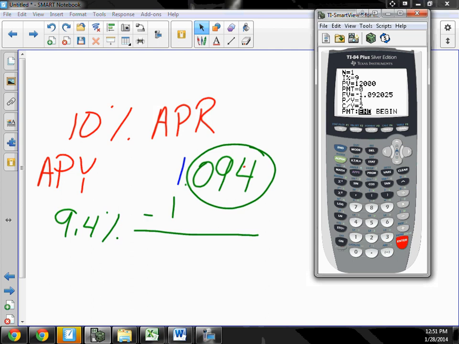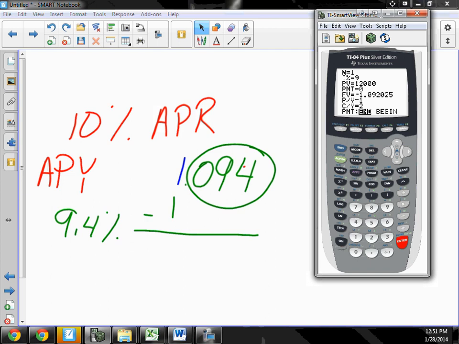So what is that APY? 9.2%. What if you compounded it yearly? What would the APY equal? Don't bother doing it. It's going to be 9. If you only compound once, then the APY is equal to the APR in every case.